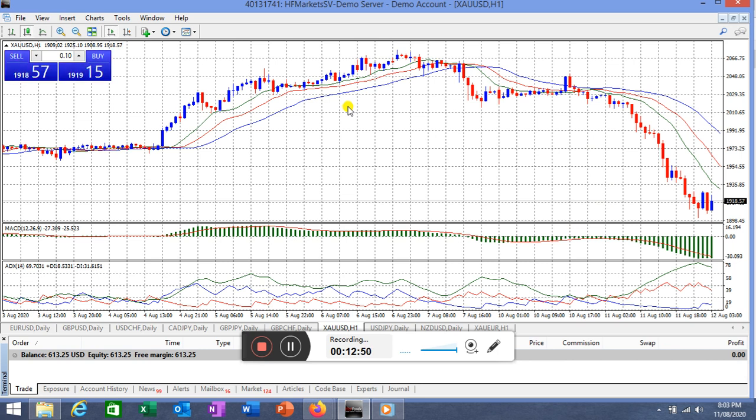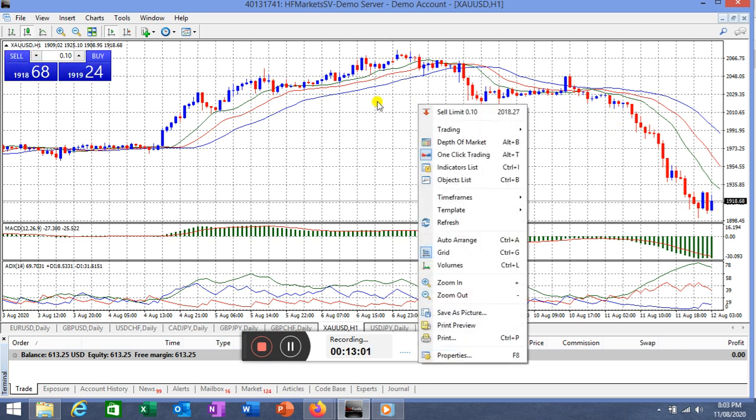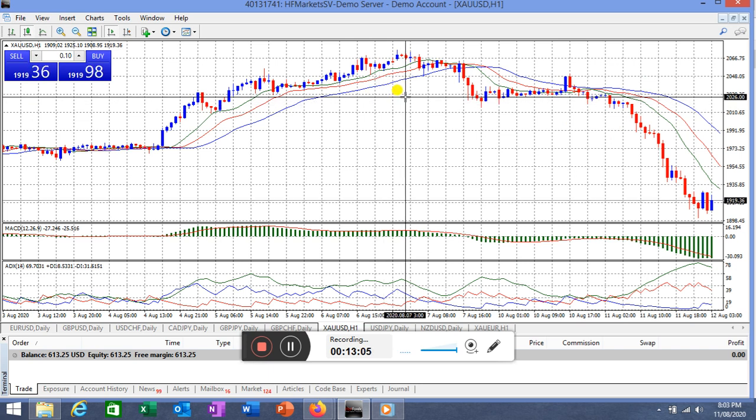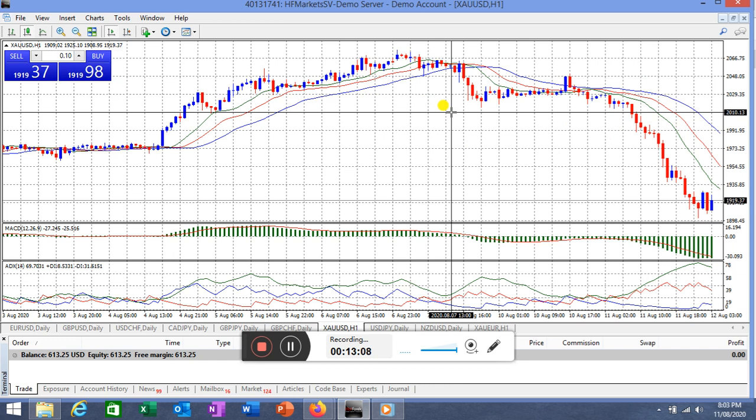So it was just about $300, so that's about 3,000 pips, out of almost a 10,000 pip movement. So I got $300, 3,000 pips out of it.